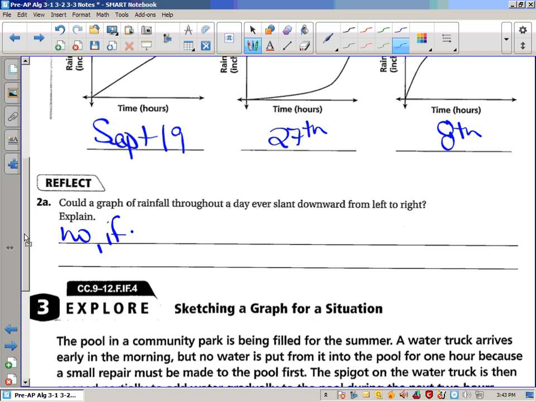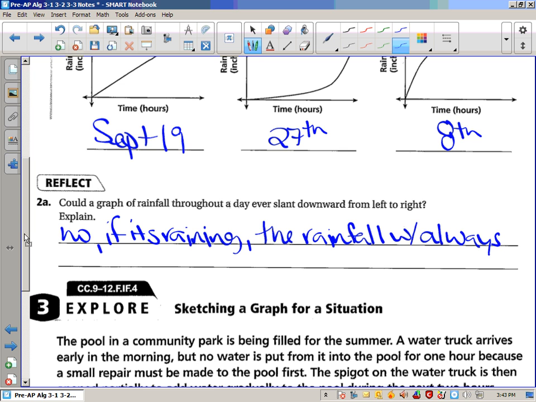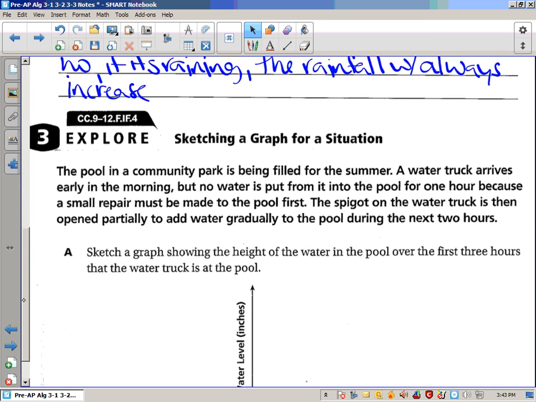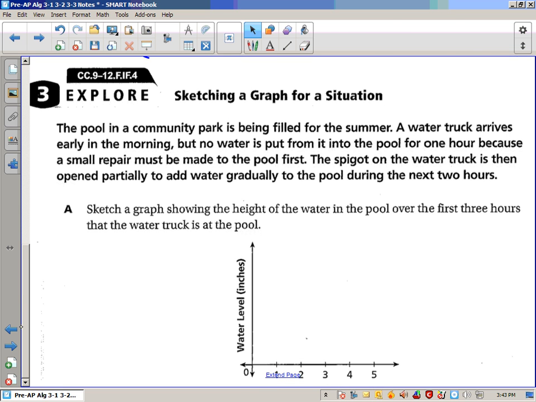So if it's raining, the rainfall will always increase. Okay, again, if you think about the water on the ground, it's always going to increase if it's raining.